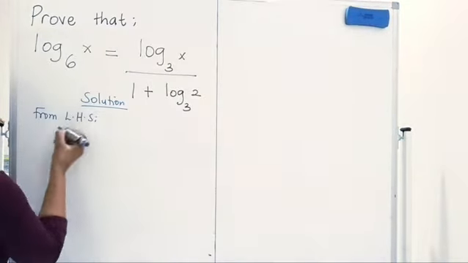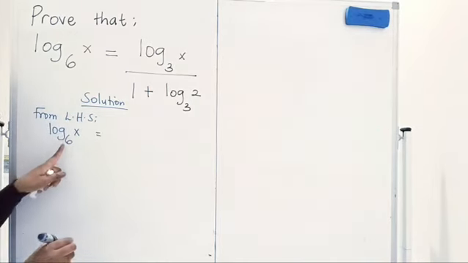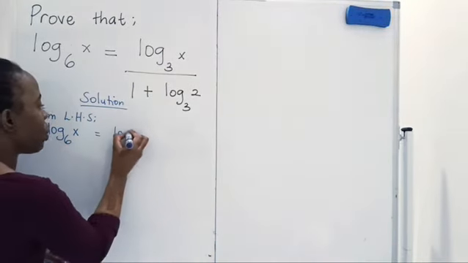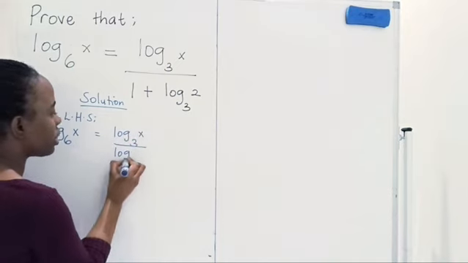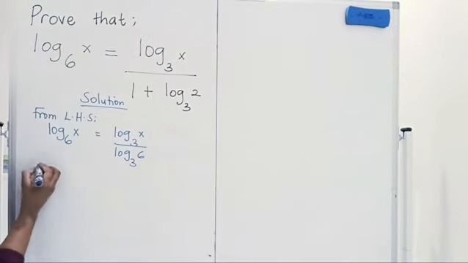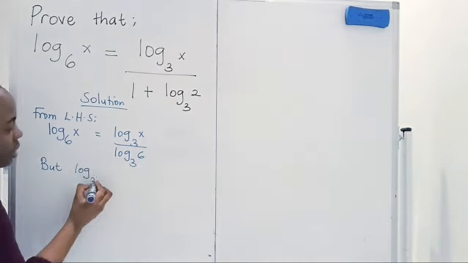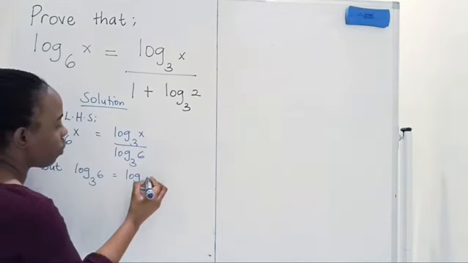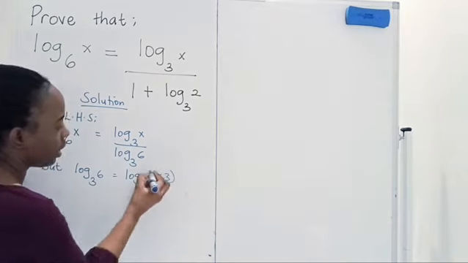Log 6 of x is equal to, when I change the base and introduce base 3, log 3 of x divided by log 3 of 6, okay? But log 3 of 6 is the same as writing log 3 of 2 times 3, okay?